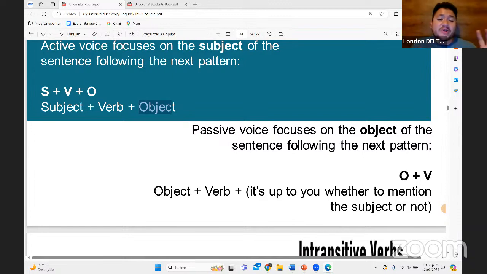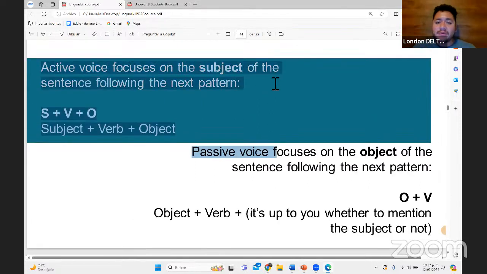But in English, or at least when we talk about grammar, an object is not an object, like an item. An object is something that receives or someone who receives the effect of the action. And subject is a noun. Ese sustantivo puede ser, el sujeto puede ser persona o cosa o animal o lo que sea que realice una acción. So that's the difference between subject and object.